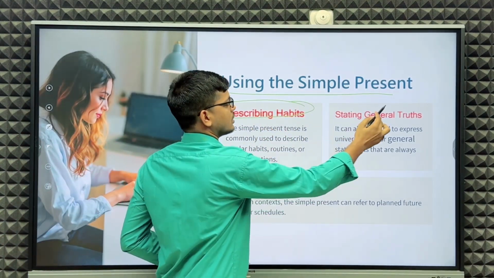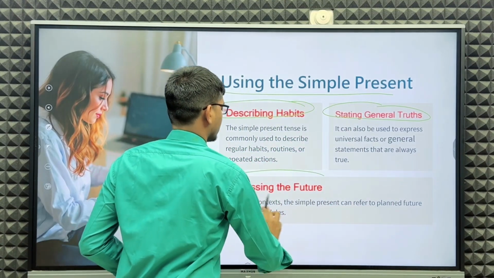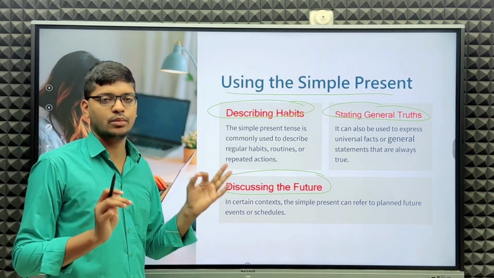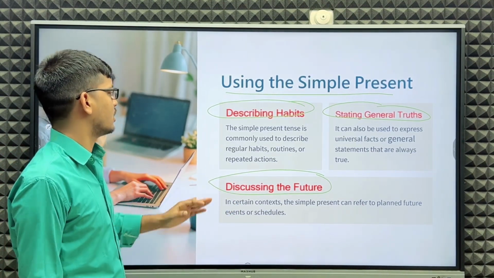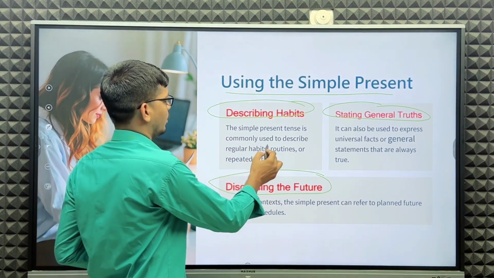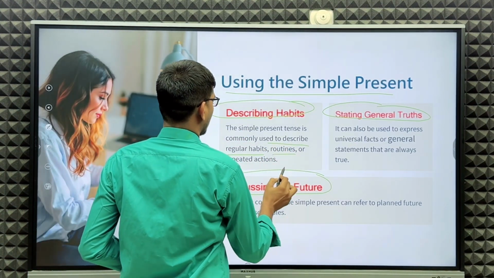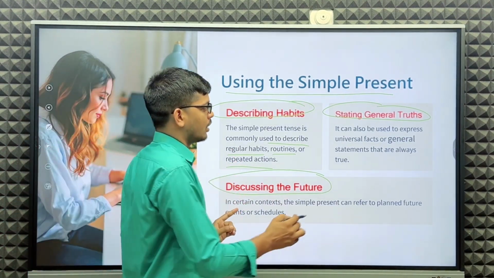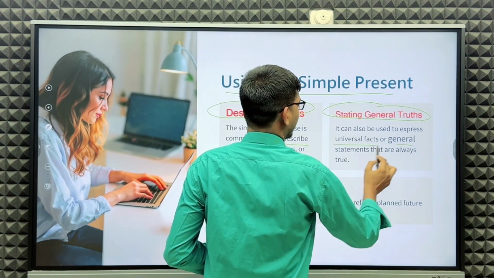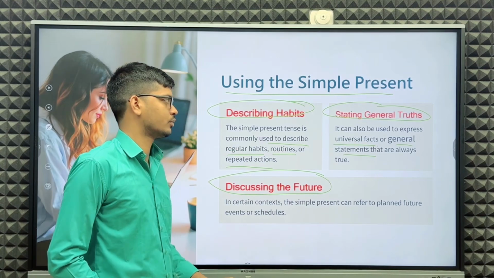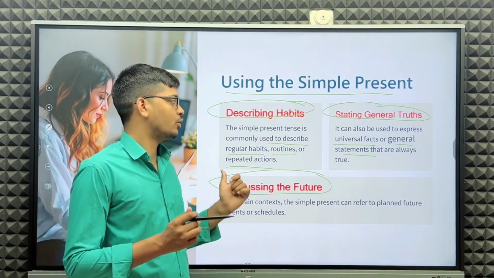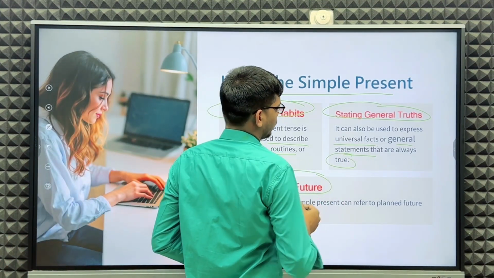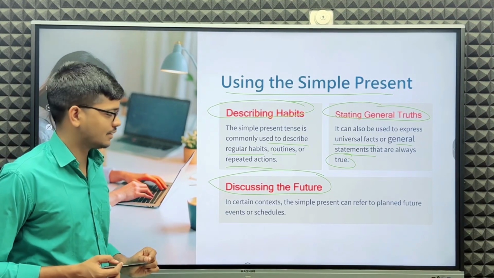Describing habits, stating general truths, and discussing the future. Describing habits: the simple present tense is commonly used to describe regular habits, routines, or repeated actions. It can also be used to express universal facts and general truths that are always true.